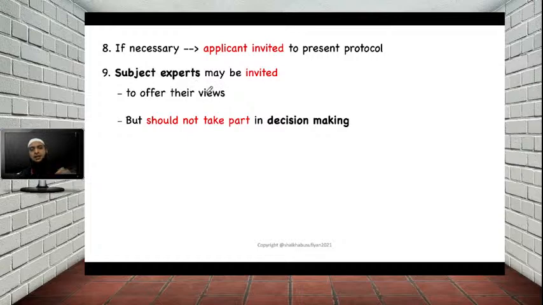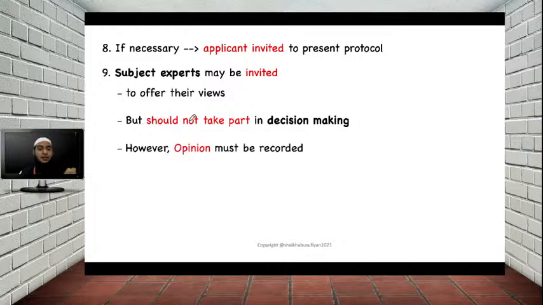You can just take their recommendation, their views, but they are not influencing the decision. So the decision must be taken by broad consensus with the designated members of the ethical committee only. You have invited the outside member just to take their views, but the decision must be taken by the chairperson with the opinion or broad consensus of all the designated ethical committee members.